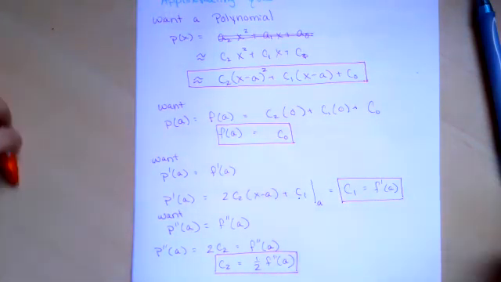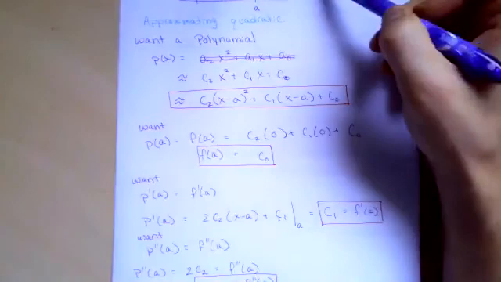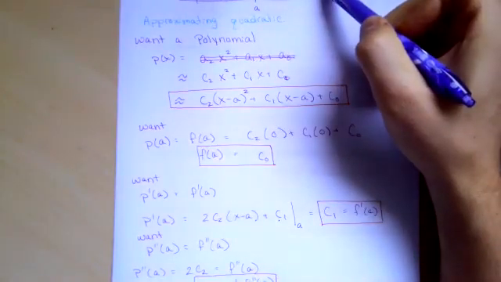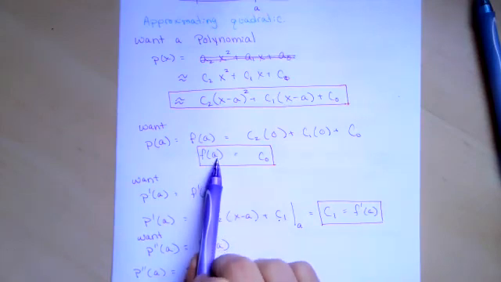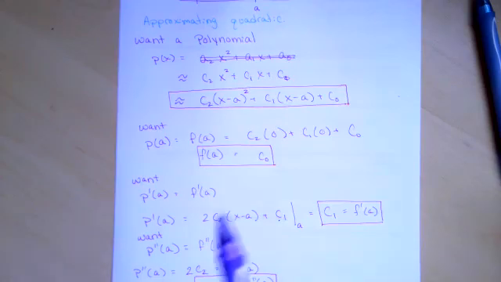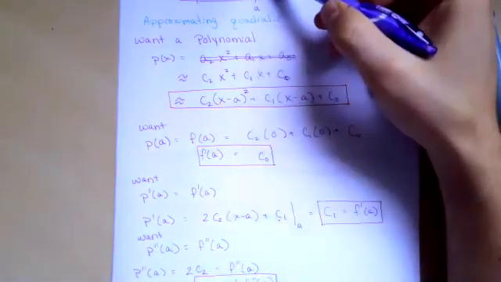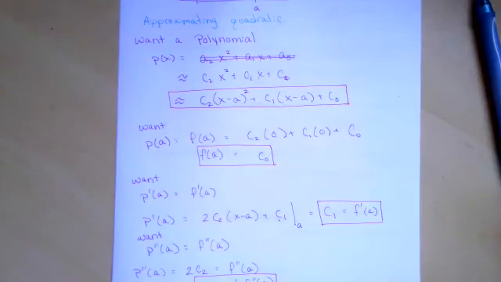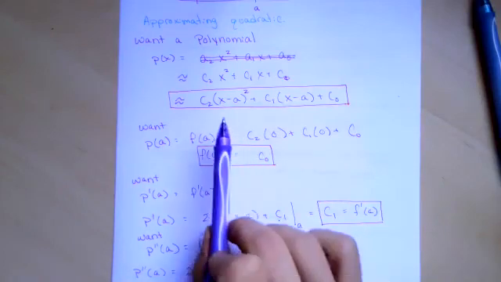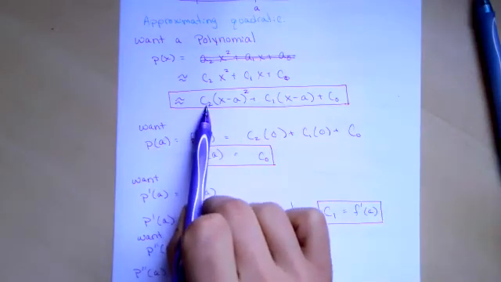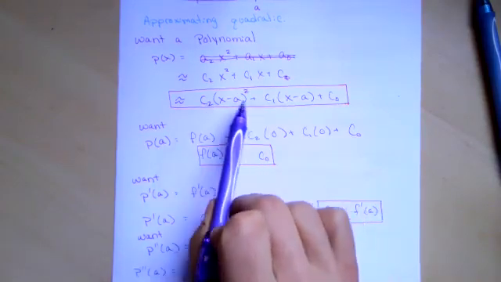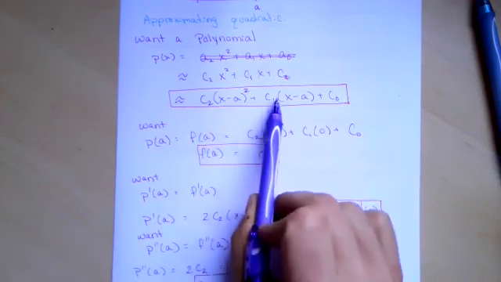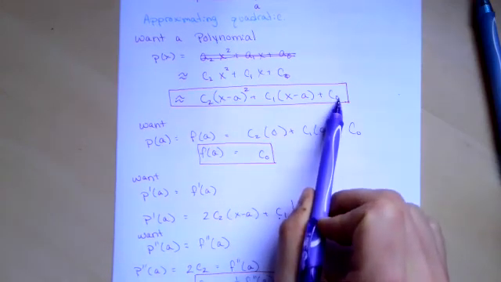So what are we given? Let's go over this one more time. We're given a function, f of x, which I know the explicit formula for, and I can compute these values. If I wanted to compute the closest quadratic function to approximate this at the point A, we just showed that I would model it by a quadratic function with constants in front of the quadratic term, the linear term, and the constant term.